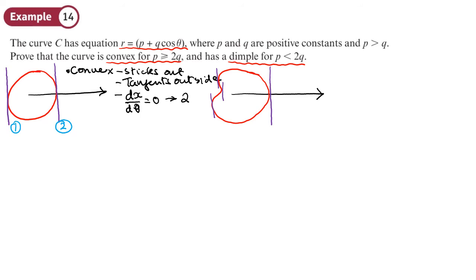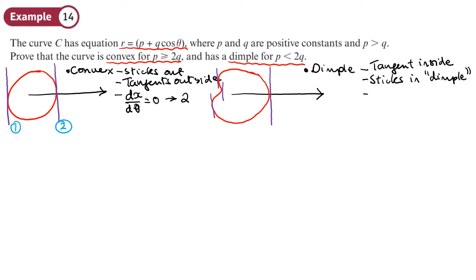So what can we say when the graph has a dimple? You're going to get a tangent inside the shape. The shape sticks in, that's the dimple, the bit that sticks in.